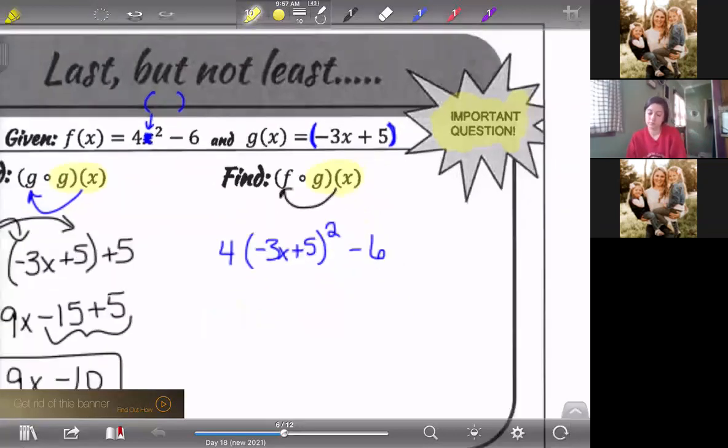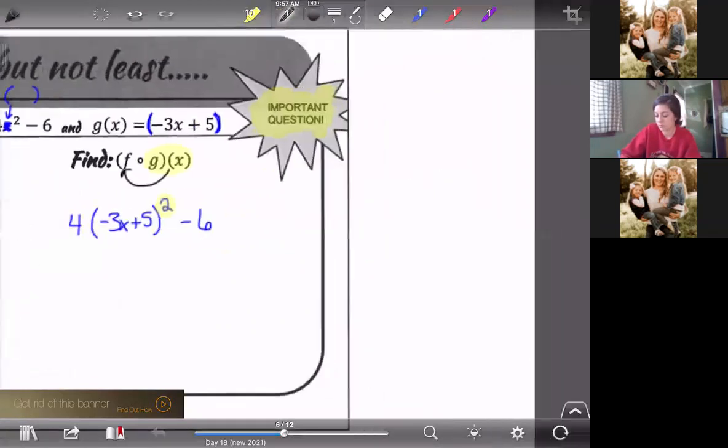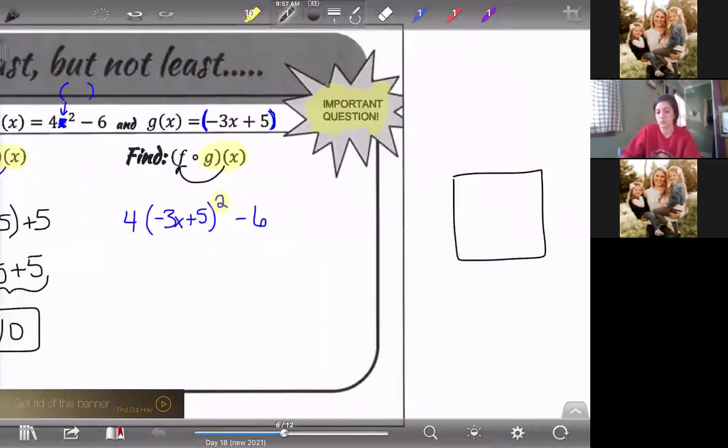In order to simplify this, I've got to take care of this squared first. So I need to take these parentheses and square them. In order to square a set of parentheses, we're going to draw ourselves a box. We're going to take negative 3x plus 5, and we're going to multiply by negative 3x plus 5 again.